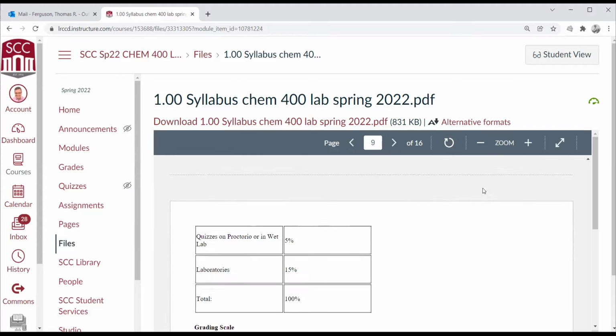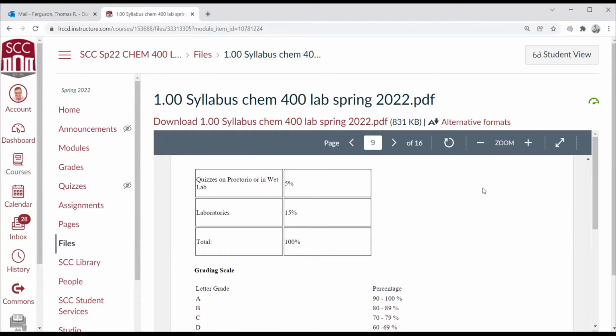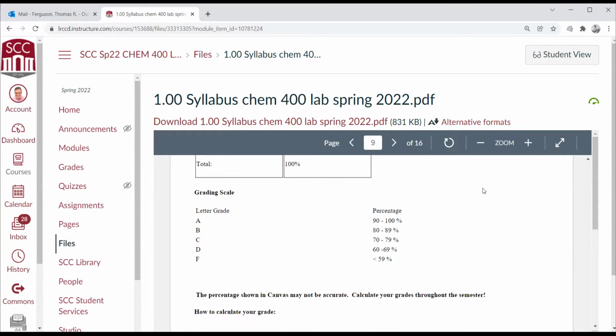Let's see. So here's the lab part of her lecture here. Now, this school does not give minuses and pluses, so it's either A, B, C, D, or F. So basically, it's 89.5 to 100 is an A, 79.5. Okay.